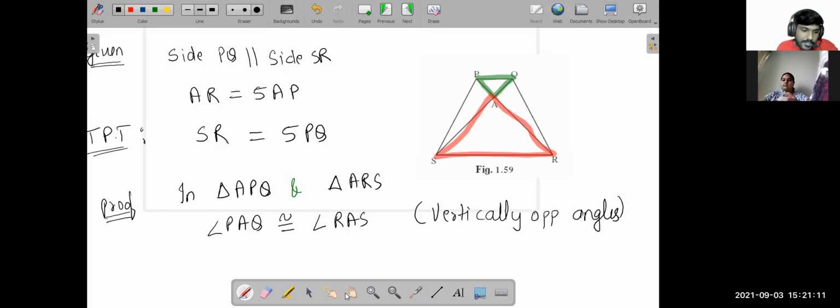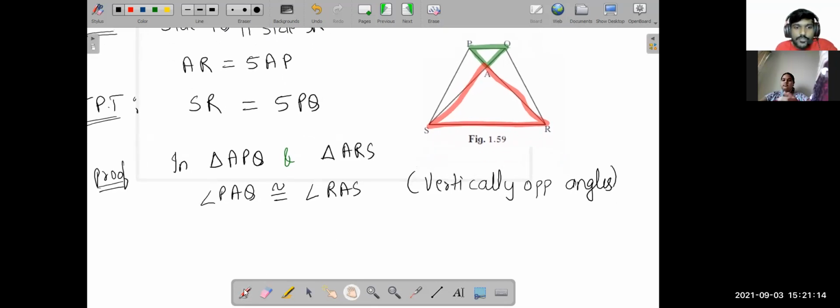Okay, vertically opposite angles. Now, next, which angle can you see that is congruent? Can you see Z forming? Yes. So which angles will be congruent to each other? PAS and ASR?